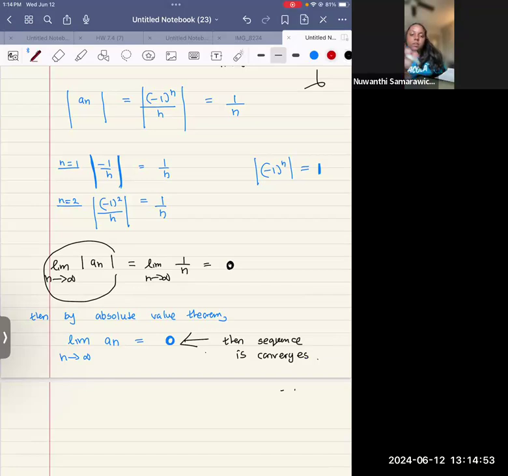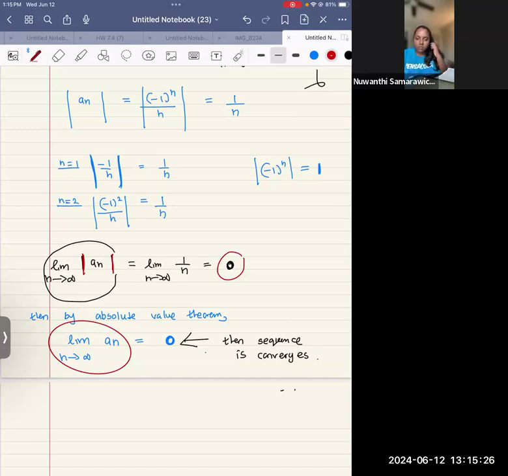So what did we do? We showed the absolute value of the n term converges. Then by the absolute value theorem, we can say the n term converges. Okay, that's the absolute value theorem. So the sequence converges. Any questions up to here?